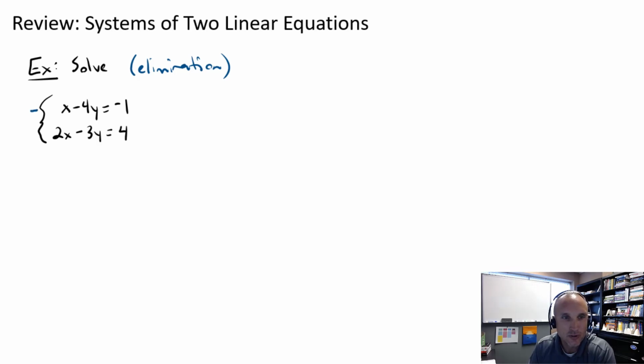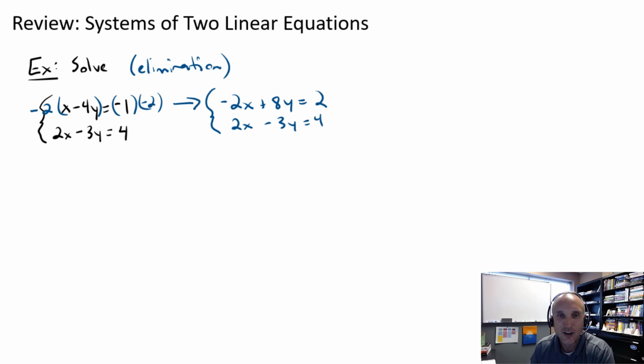Then I'll multiply row 1 by -2 on both sides. And now if I rewrite my row 1, I get -2x plus 8y equals +2. And let's just copy row 2 underneath that, 2x minus 3y equals 4.